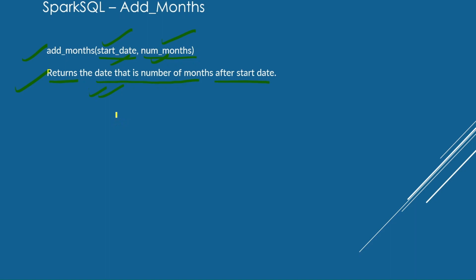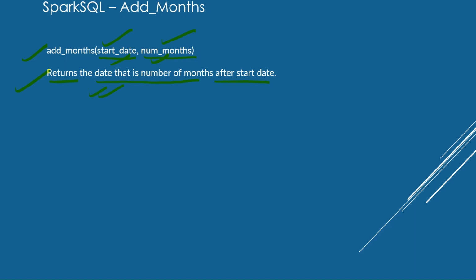So suppose there is a requirement, if you want to do a certain kind of analysis and we want to add some months in an existing table. So how can we add months into the existing table and create a new date column?